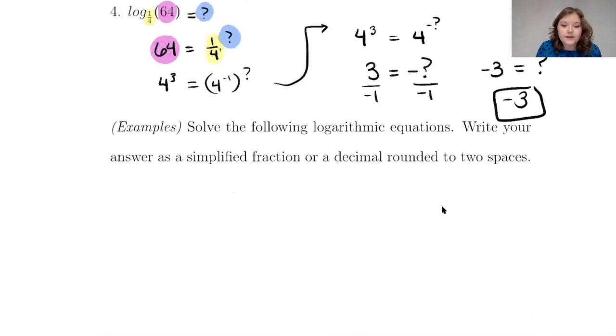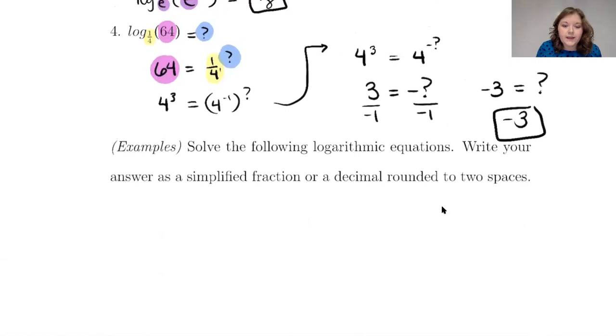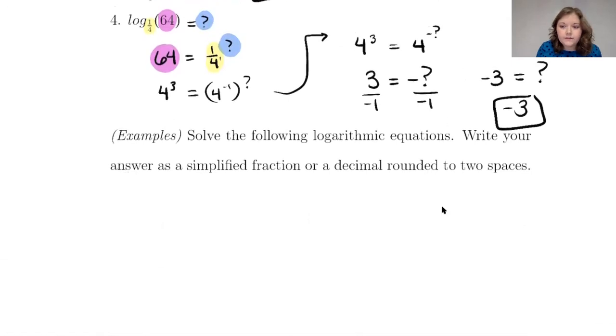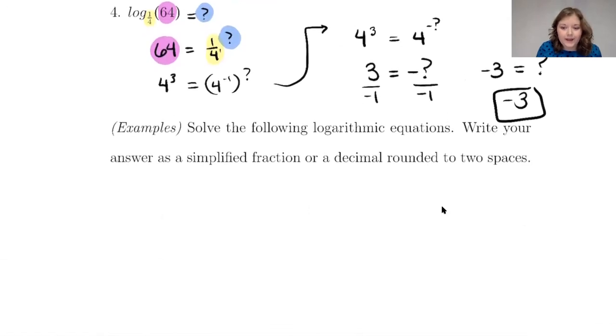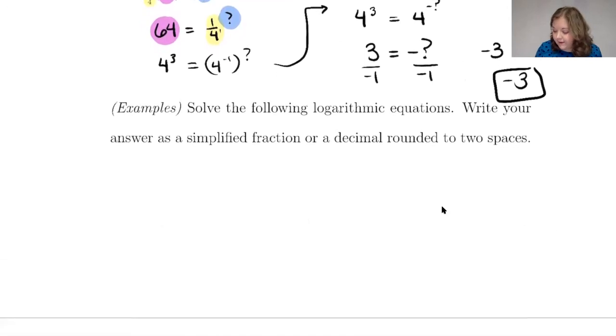We will have the answer as either a fraction or a decimal rounded to 2 places. Since we might have to use decimal numbers, if you have a calculator, go ahead and get that out, because we'll be plugging things into a calculator, and there's a special way that you have to plug in some logarithms.